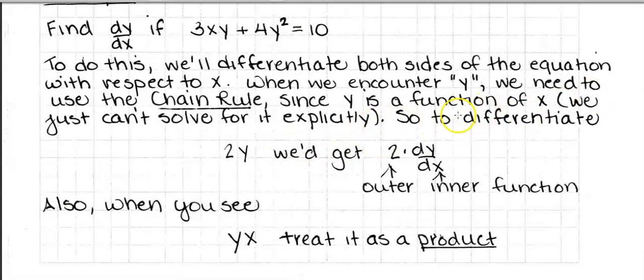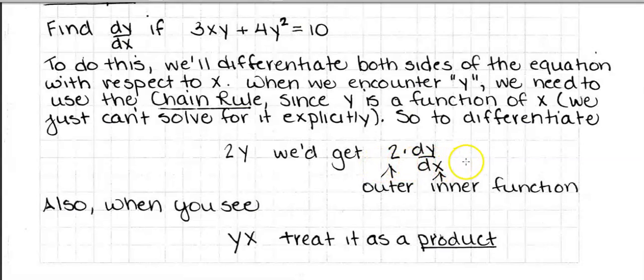Here's an example of how to differentiate implicitly. Suppose we have a variable term 2y, and we want to differentiate it. The 2y is our function. We're going to basically say the derivative of the outer function y is 2 times 1, and the derivative of the inner function is dy dx.